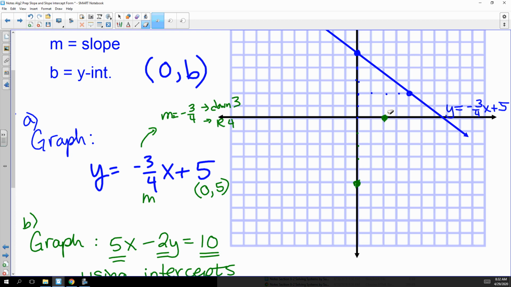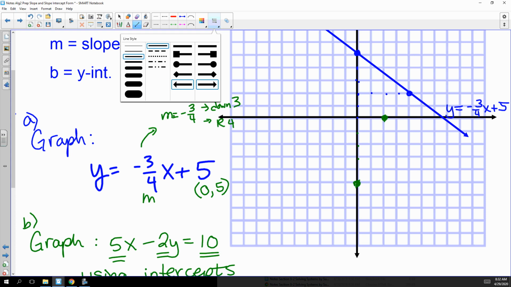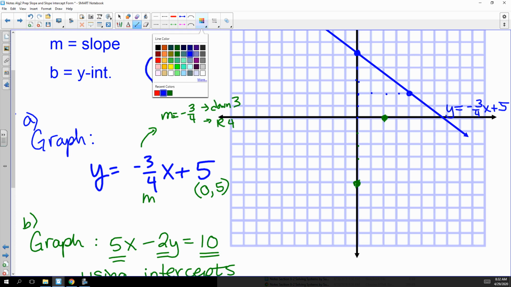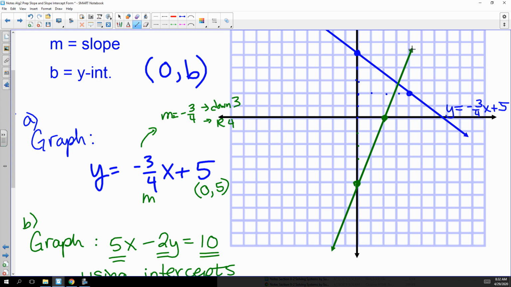Wanted to get a nice line and definitely messed that up. Alright, let's try that one more time. We've got line, arrows. Here we go. That's better. Okay, and that would be the line 5x minus 2y equals 10. And you're done. Okay?